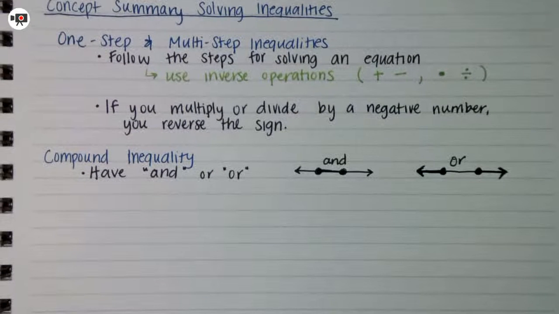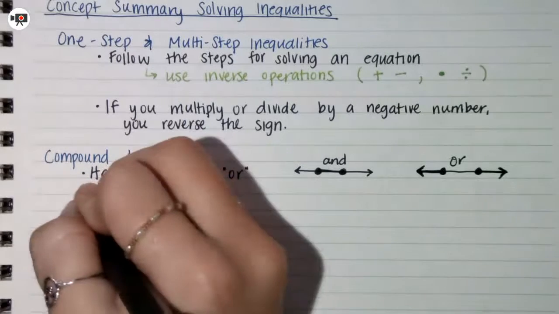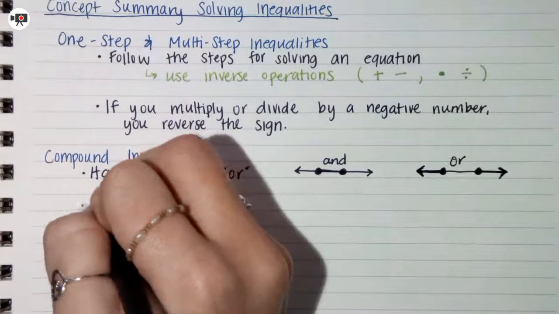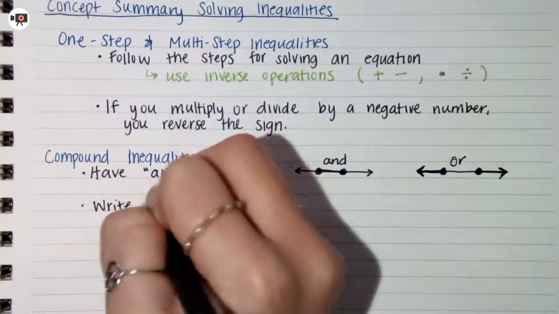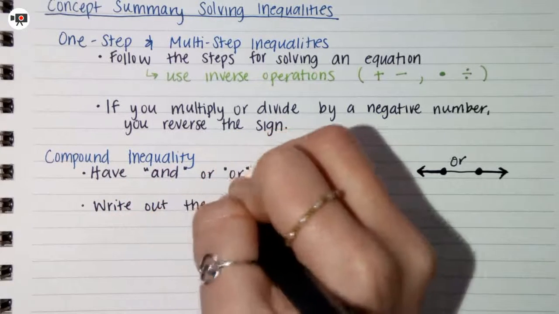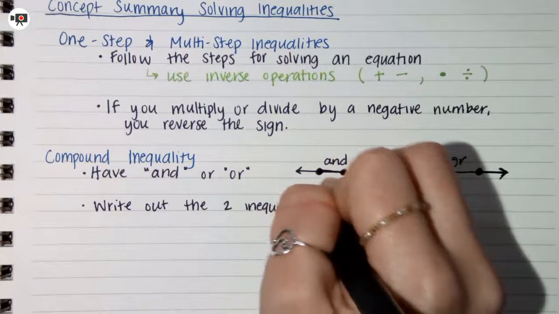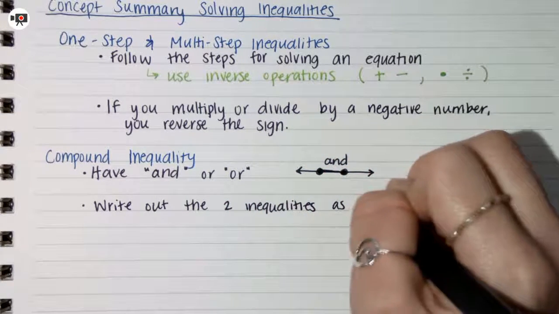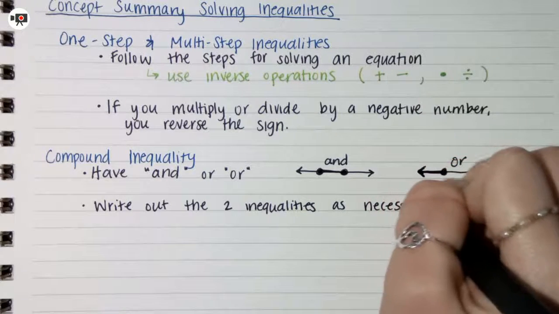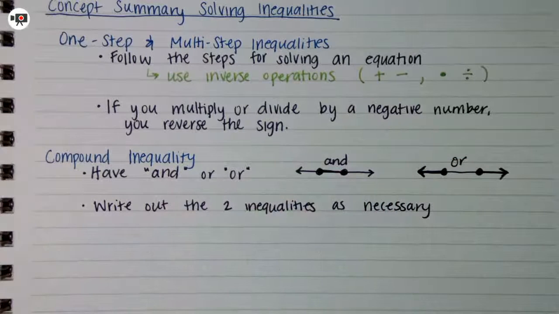To solve these, write the two inequalities that you have. An or will always be 2.